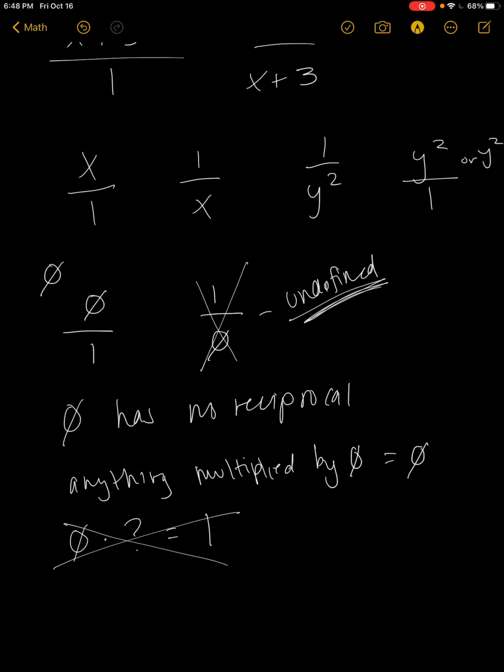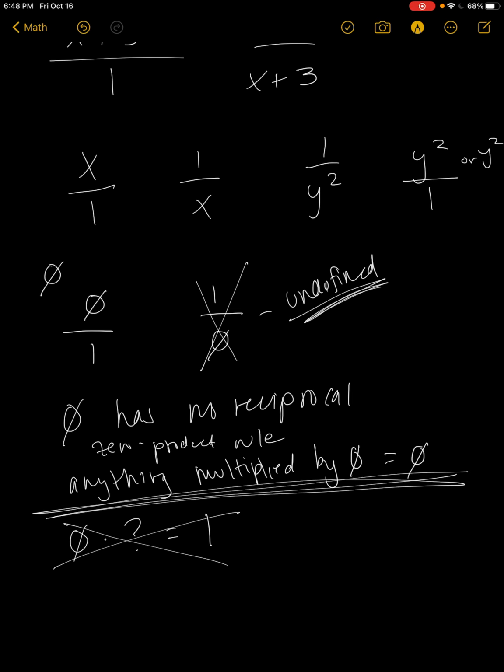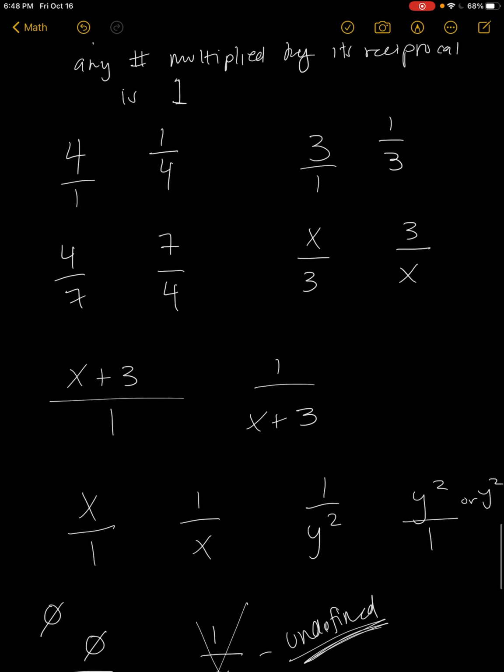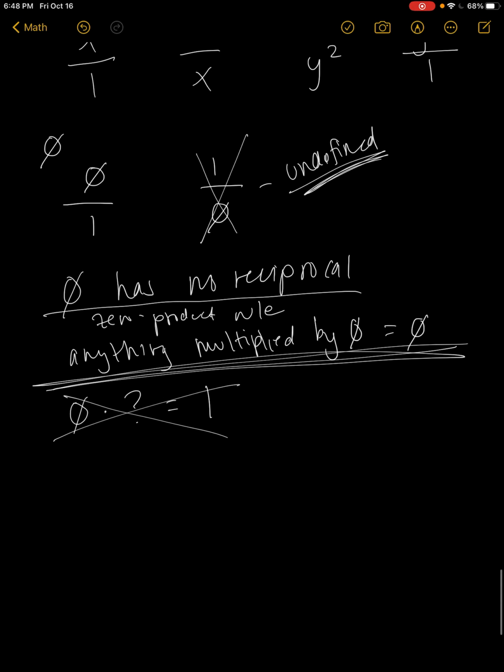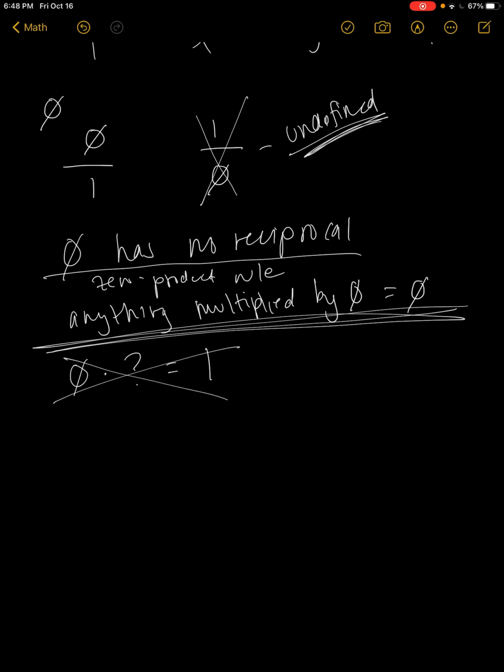It's just not possible because of this 0 product rule. So that's why it has no reciprocal. That's just a weird, tricky one, but otherwise you can find the reciprocal for any number. Now, how we are applying the reciprocal to solving equations.